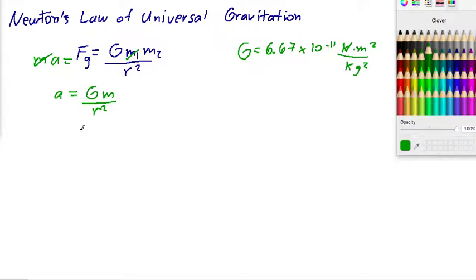Alright, so now as a really quick example, let's look at the acceleration on the moon using this formula, and then you can do a quick Google search and compare them.